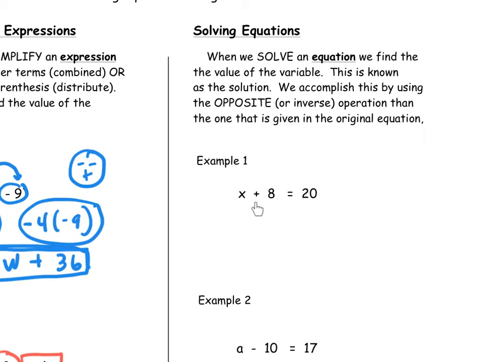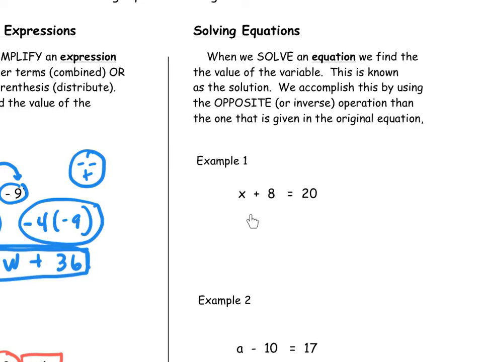So I see that we're adding here, and so the inverse or opposite of adding is going to be subtracting. But before we get to that, I'm going to ask you to just use your reasoning skills, and I want you to tell me if you can figure out what the value of x would be in order to add 8 to it and then get back the result of 20.